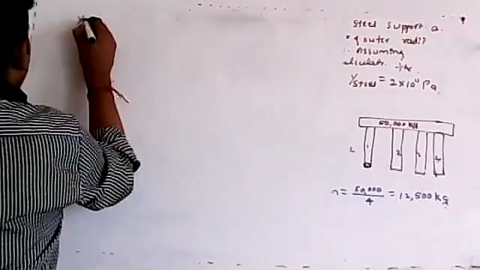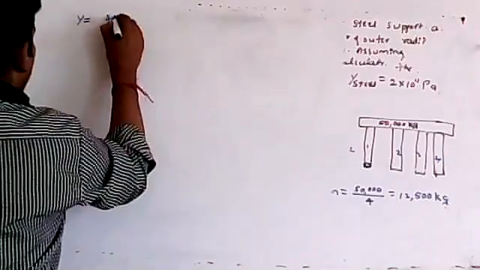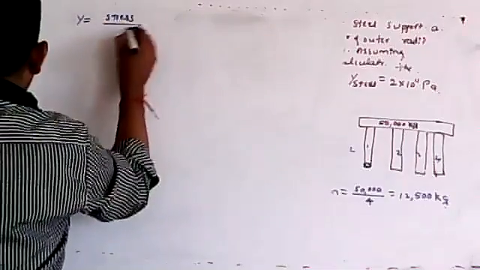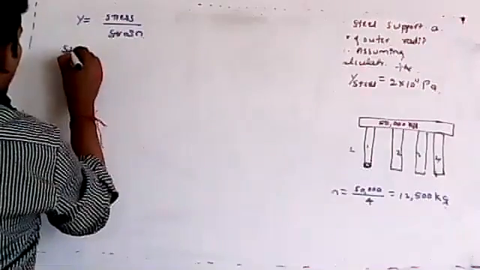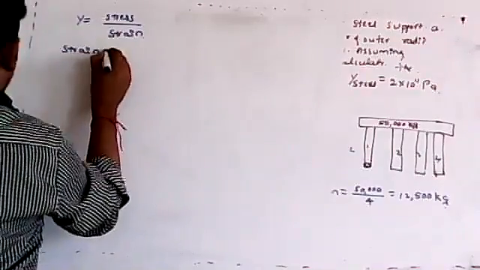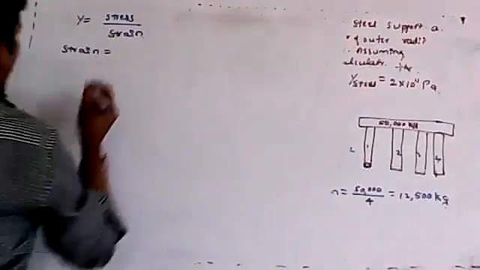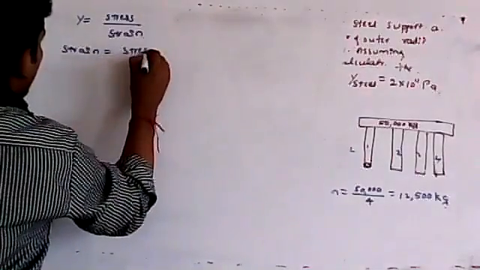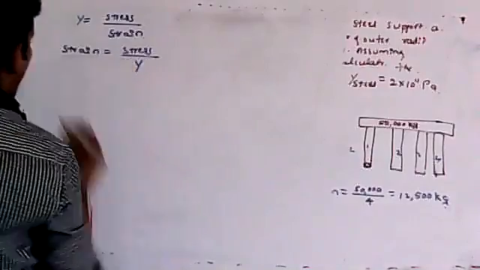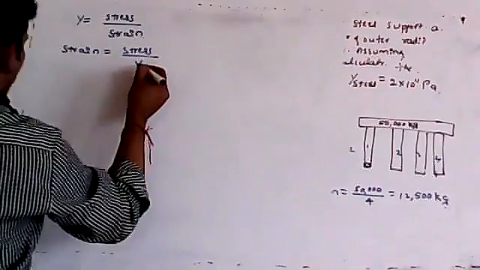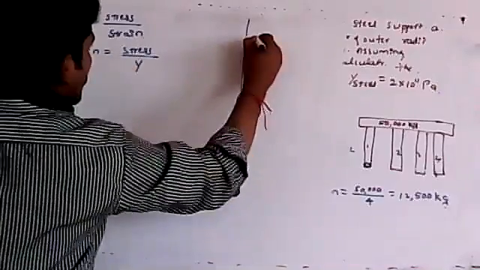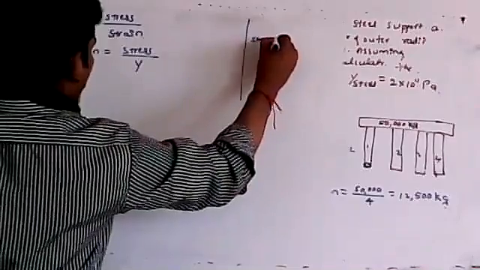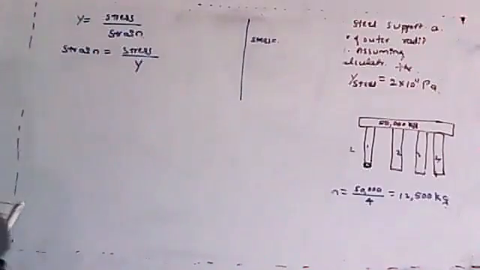Young's modulus is nothing but longitudinal stress by longitudinal strain. Strain, I want. Strain is nothing but stress divided by Young's modulus. Young's modulus value I know, but how to calculate stress?